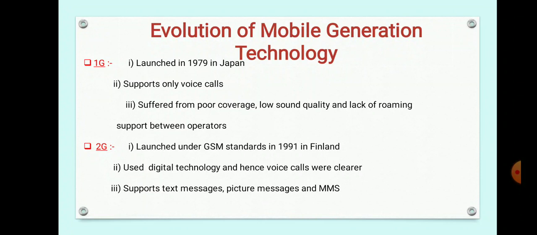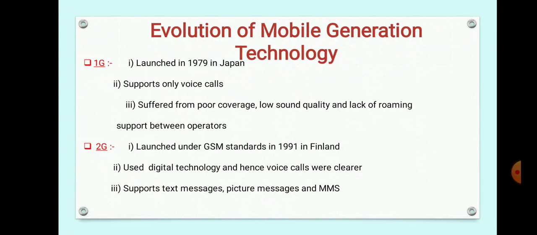So now moving on to the second generation or 2G. 2G was launched in 1991 in Finland, and it was launched under GSM standards. What is GSM? Global System for Mobile Communication.